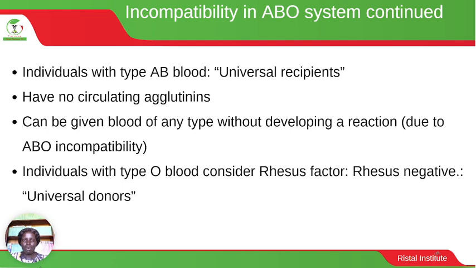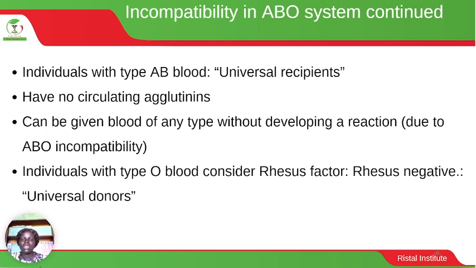Individuals with type O blood, considering rhesus factor, rhesus negative, are termed universal donors. So this is what I had talked about before, that though we said that group O individuals are universal donors, we have to consider the rhesus.